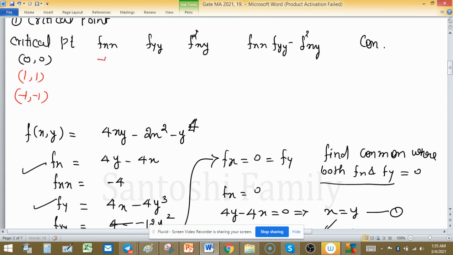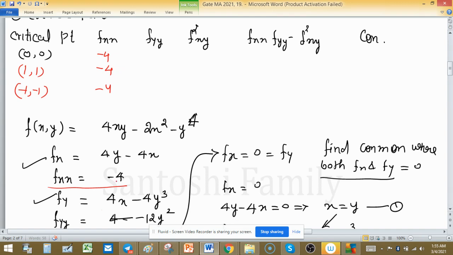Because fxx is minus 4, at all points this will be minus 4. Now fyy is minus 12y square: at (0,0) this is 0, at (1,1) this is minus 12, and at (minus 1, minus 1) this is again minus 12.